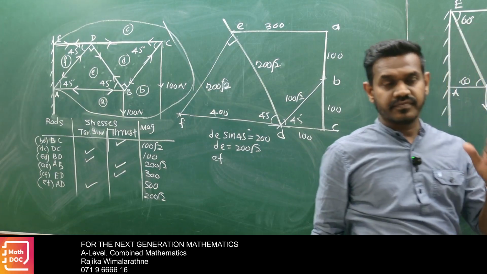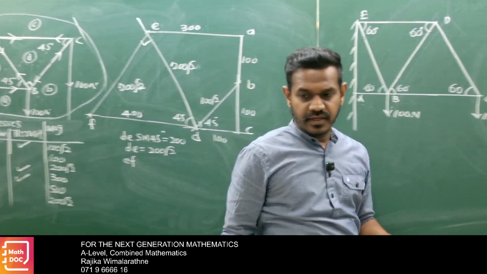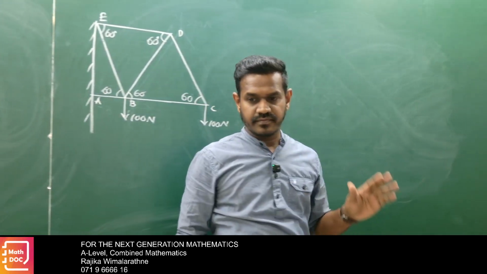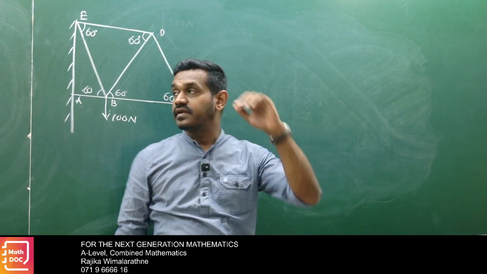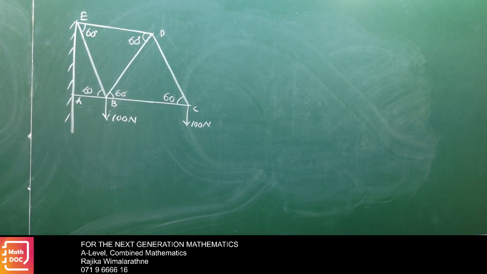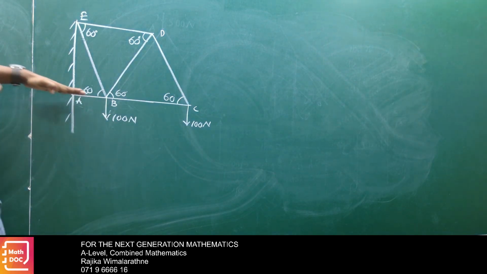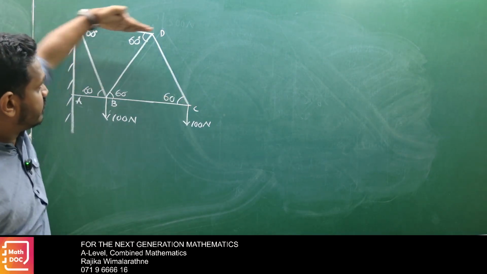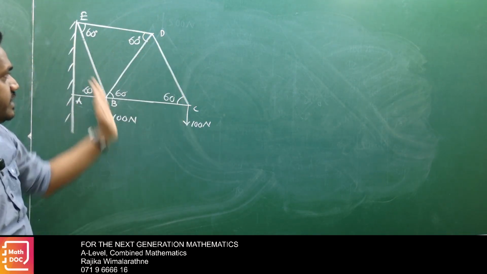Okay. Then you take this figure and try it. See this figure and try it. Horizontal line, then others are inclined 60 degrees.